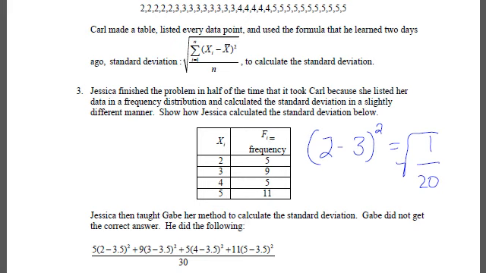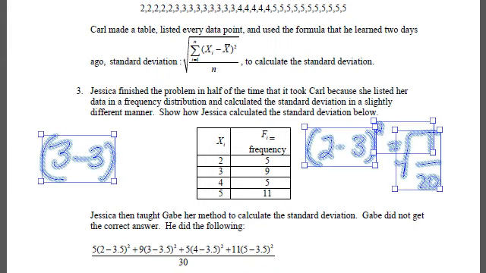Let's say again our mean was 3, so we would go to 3 and we would subtract 3, but we would do this subtraction, this 3 minus 3, more than once. We would need to look to the frequency of our values to see how many times that occurs.